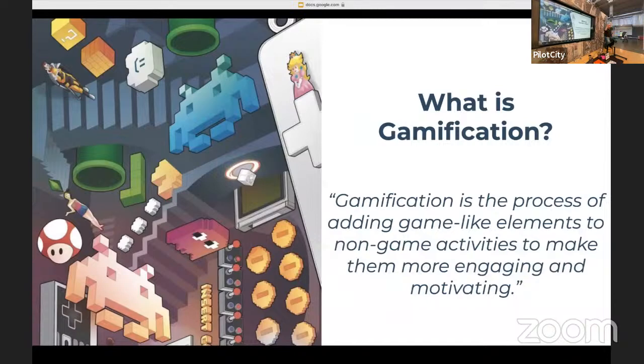So, has anyone ever heard the term gamification before? Can somebody give me an example of it? You just raise your hand and talk. Duolingo streaks, right? So why are Duolingo streaks an example of gamification?